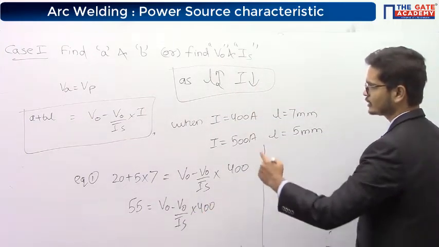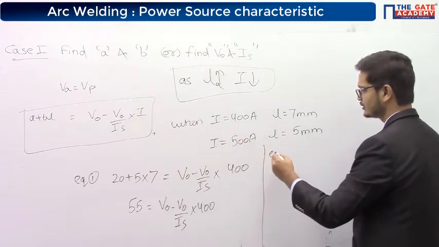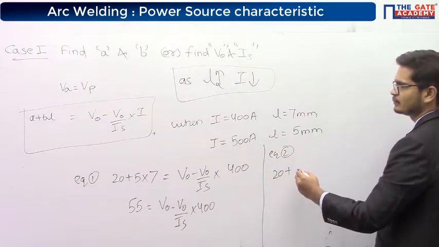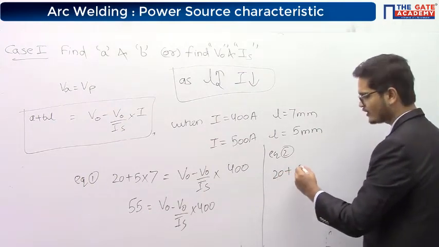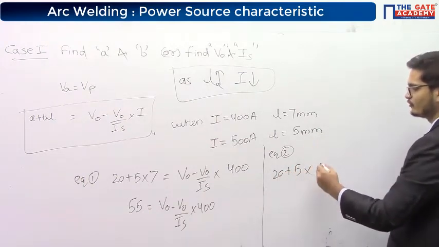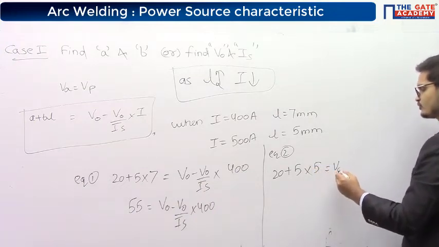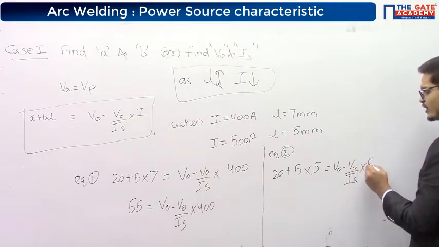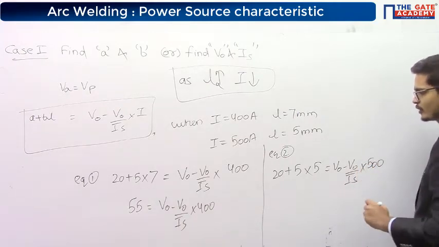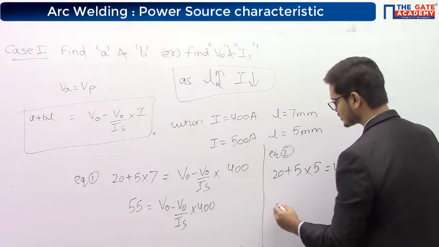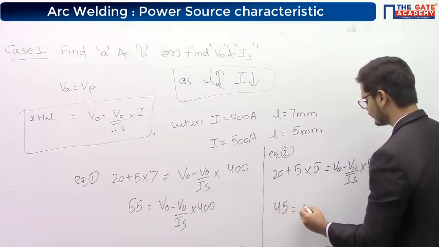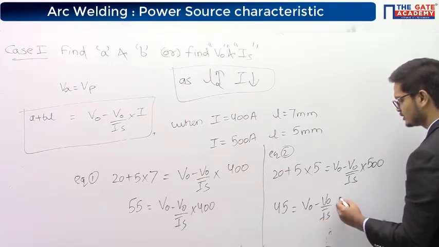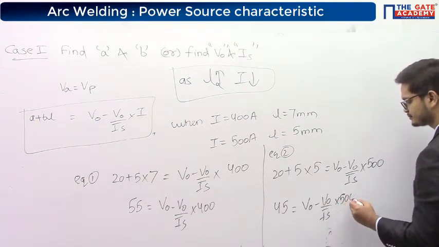In the second equation, if I take equation 2, 20 plus 5 into 5, 25, is equal to V0 minus V0 by IS into 500. So 20 plus 25 is 45 is equal to V0 minus V0 by IS into 500.